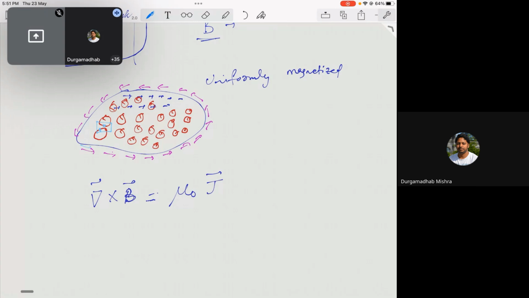But I can also get this magnetic field B without flowing any current, purely due to the atomic magnetic moments.